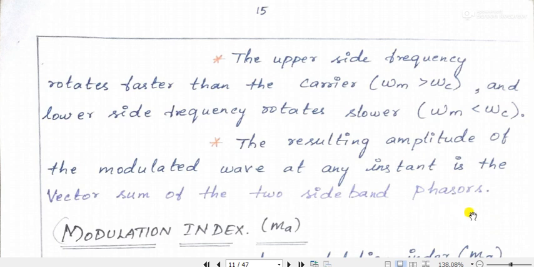So the upper sideband rotates faster than the carrier and the lower sideband rotates slower than the carrier, so that the resulting amplitude of the modulated wave at any instant is the vector sum of the two sideband phasors.